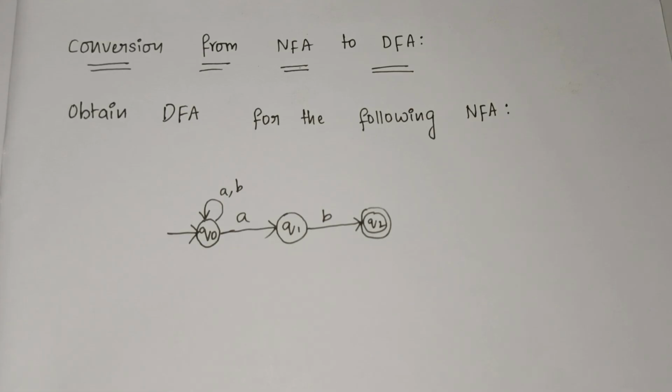For simple problems like strings starting with AB, ending with 01, or having two consecutive zeros, it is easy to design a DFA. But for very complicated languages, we design an NFA and then convert that NFA to DFA. That is the main reason for converting from NFA to DFA.